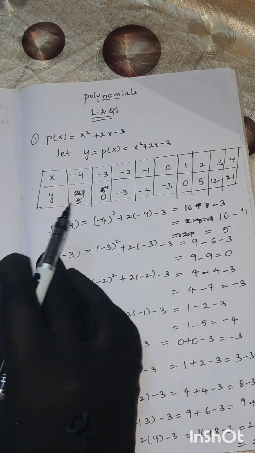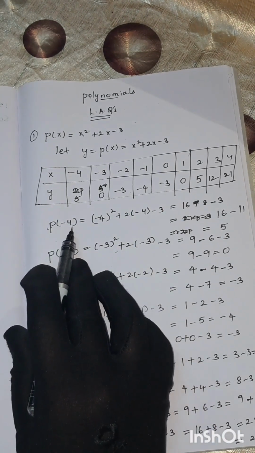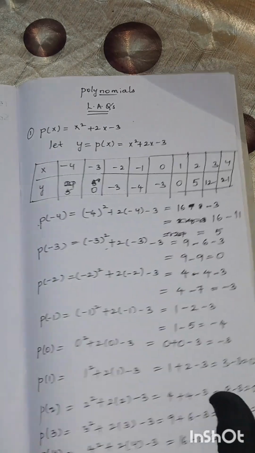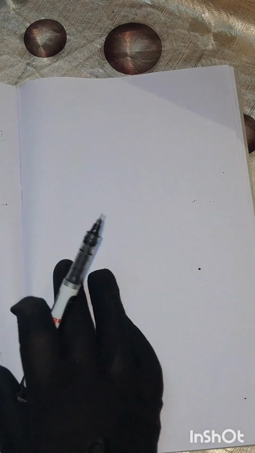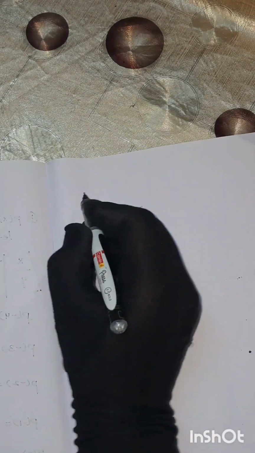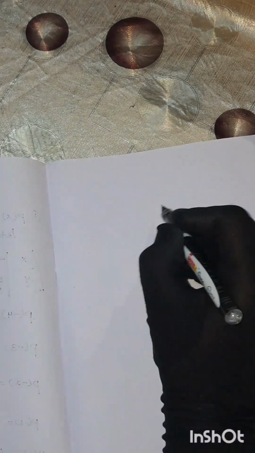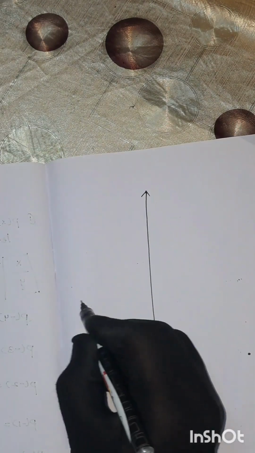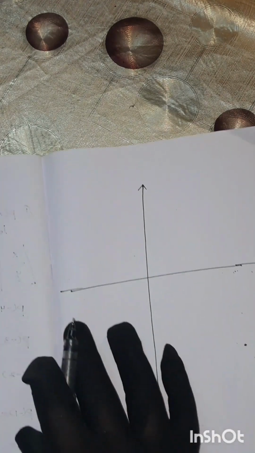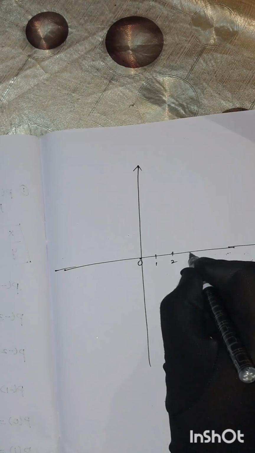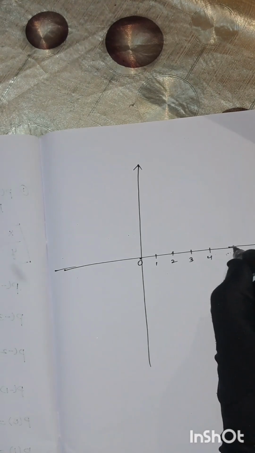Next, what we have to do? We have to draw these points on the graph. I'll show you one graph. So this will be your x-axis. This will be your y-axis. You have to draw this on the graph paper, but I am showing on this paper. So this should be 0, 1, 2, 3, 4, 5.